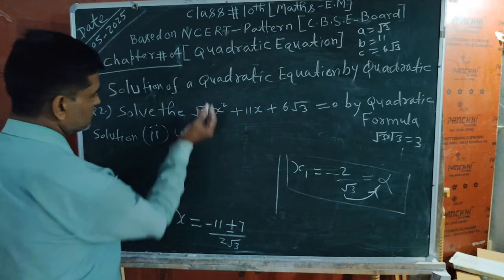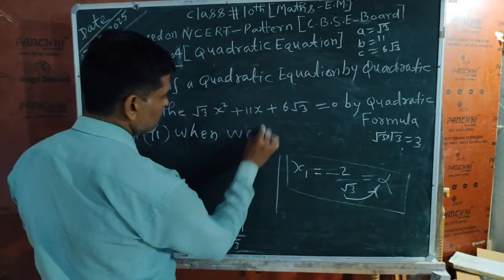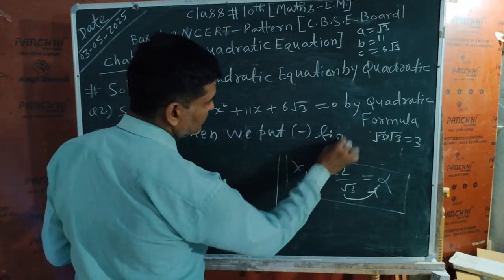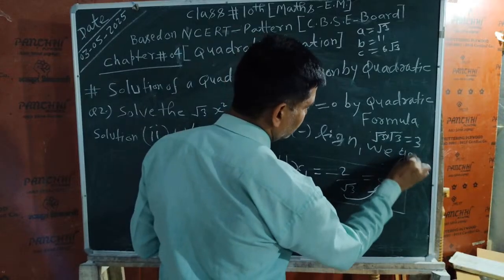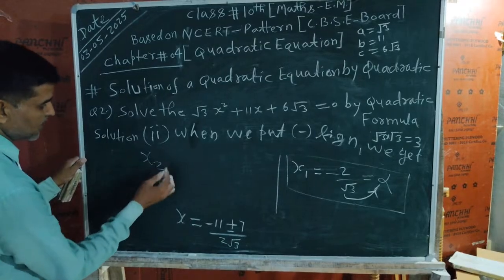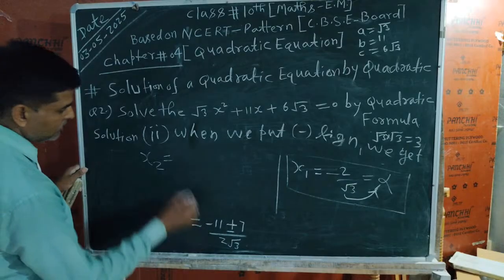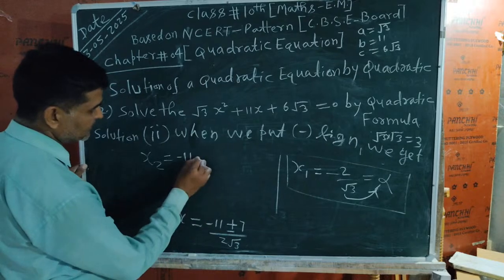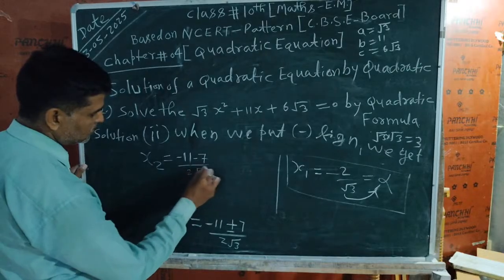When we put the minus sign, then we get the value of x2, because x1 I have got, so here I have to get the value of x2. Now here minus 11 is available, so I will put there 11, minus sign is available, so I will put minus sign 7, minus 7 root 3.